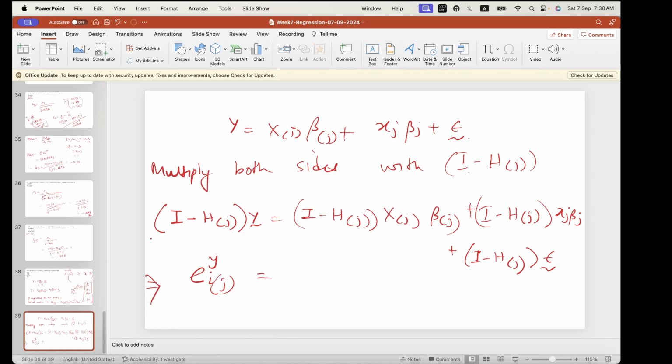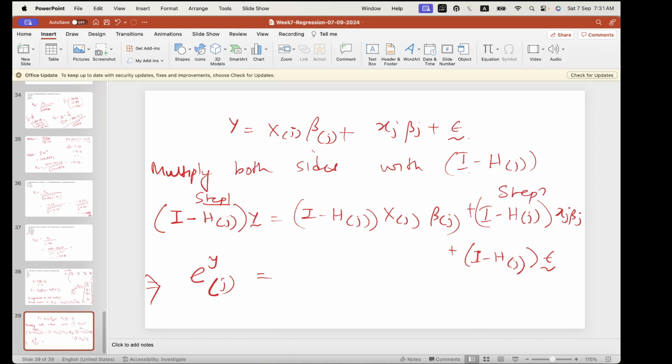And this one, I minus Hj xj, is the residual that is obtained when xj is regressed on the other variables.